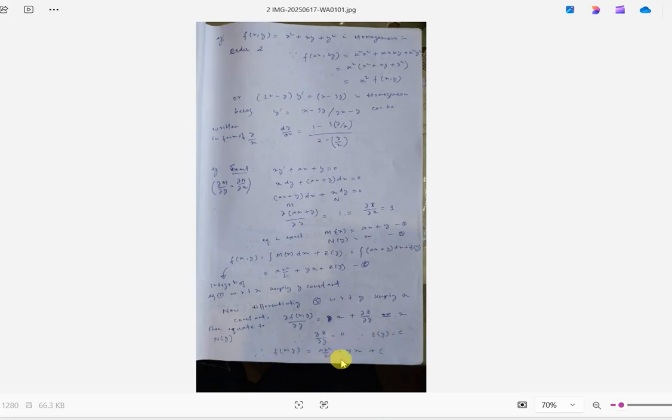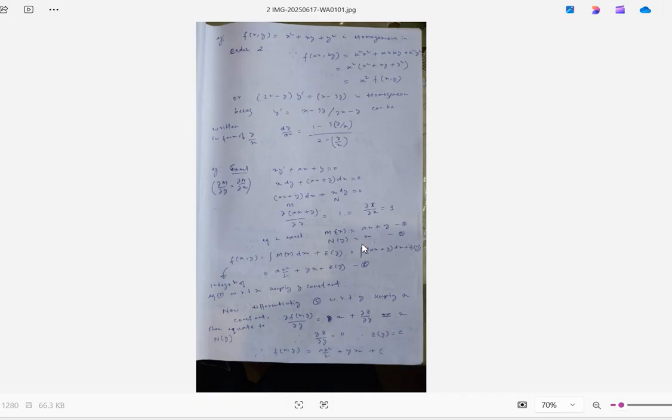So the final function will be ax squared by 2 plus yx plus c. For this calculation, for finding out this f of x and y, we have used the first equation to integrate and then differentiated the result with respect to y.